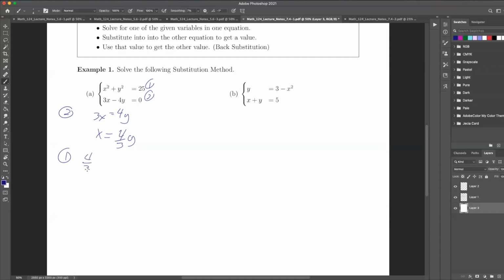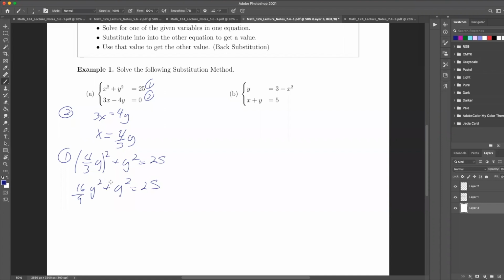So here I have (4/3 y) squared plus y squared equals 25. If I square this, I get 16/9 y squared plus y squared equals 25.